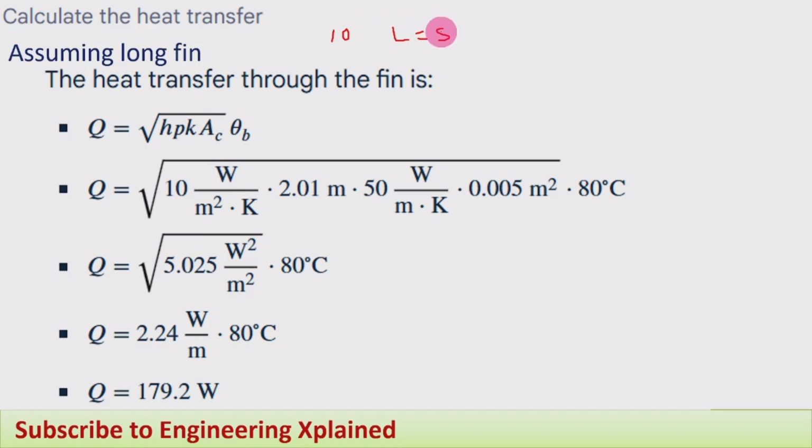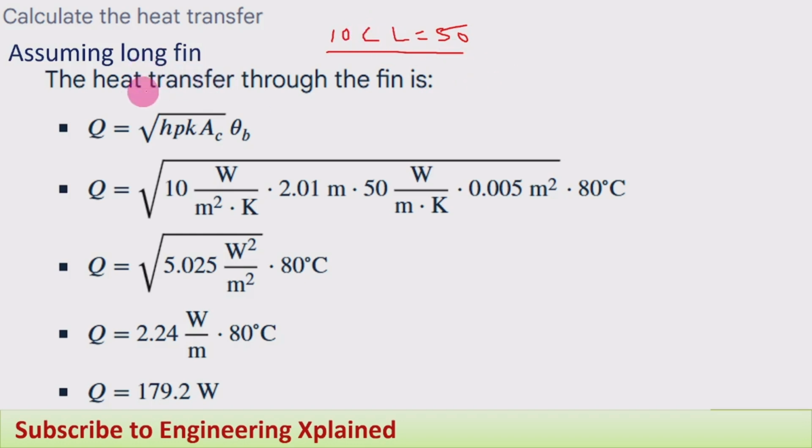It is almost 10 times more than the thickness, and by that we can assume it is a long pin. Even if you assume the end insulated pin or convection from the tip, only a little variation takes place, but it should have one basis to assume. That's why if it is more than 10 times, then we take the long pin.